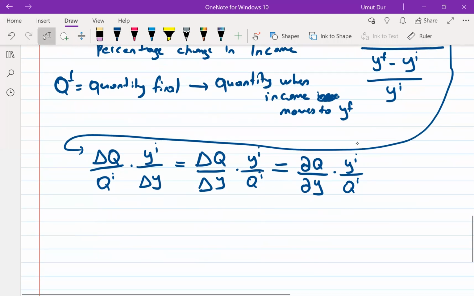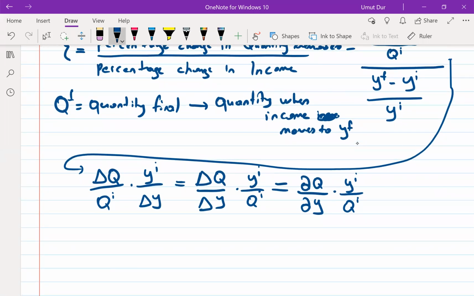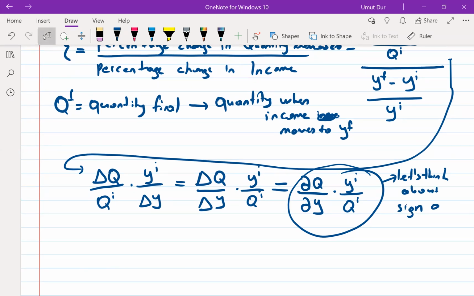Let's think about the sign of this income elasticity.